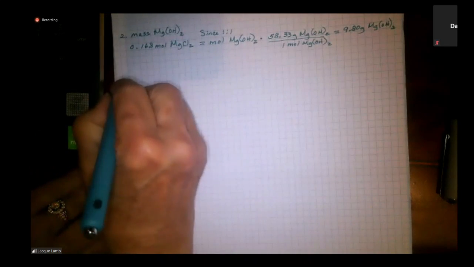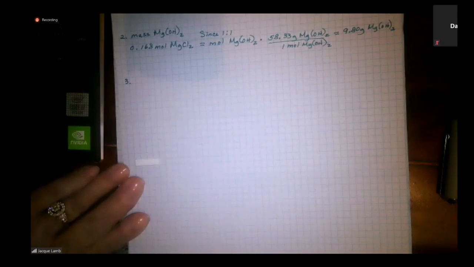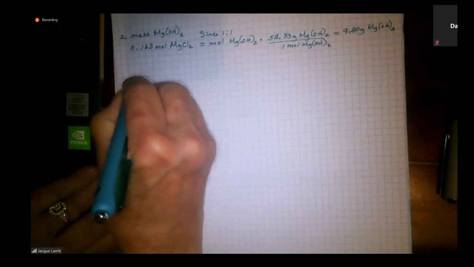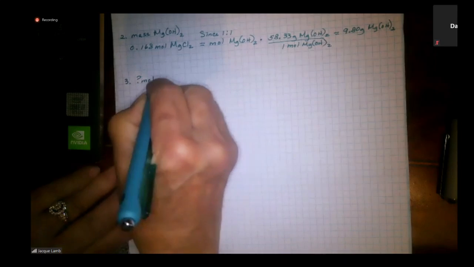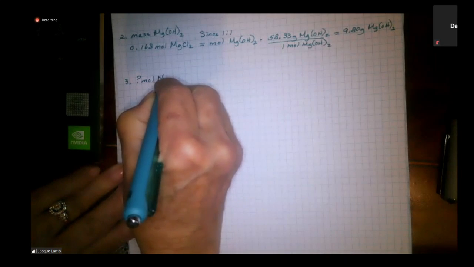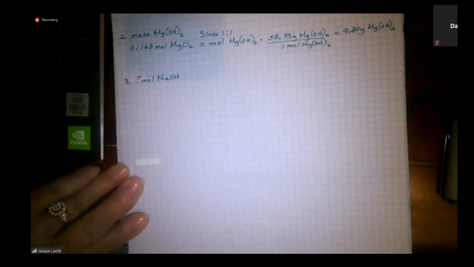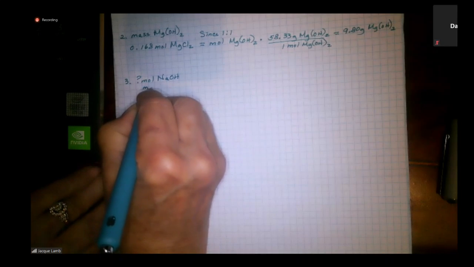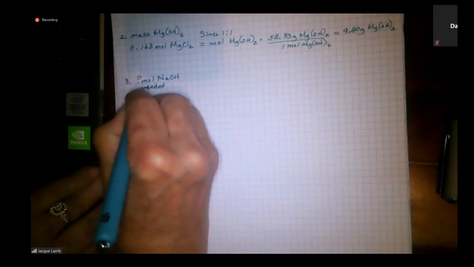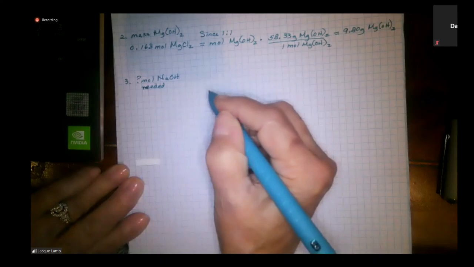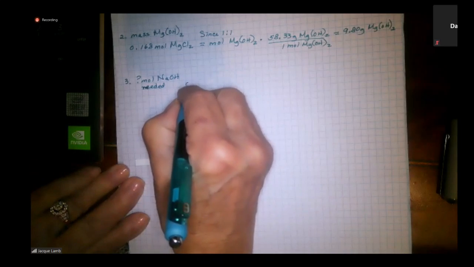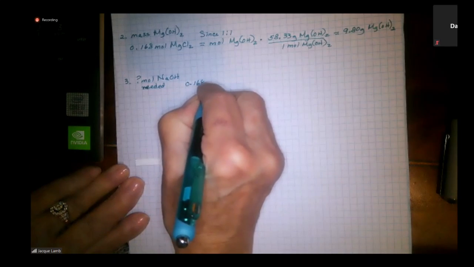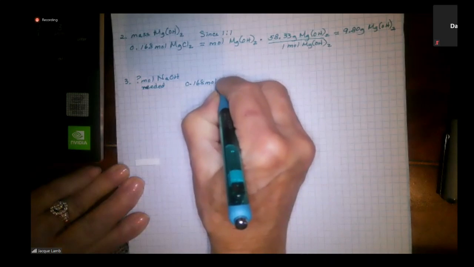Okay, so the third question I was asked was how many moles of NaOH are required to react with that amount of magnesium chloride. So it's how many moles of sodium hydroxide are needed. And I can again start with 0.168 moles of MgCl2.